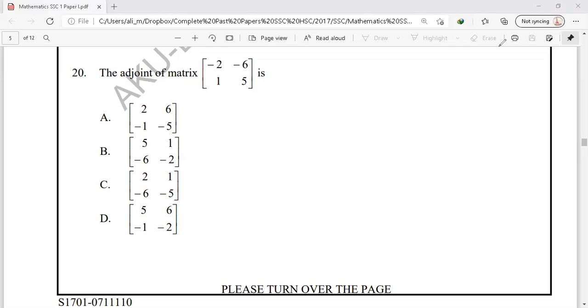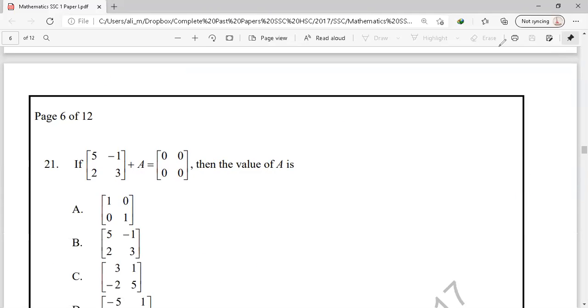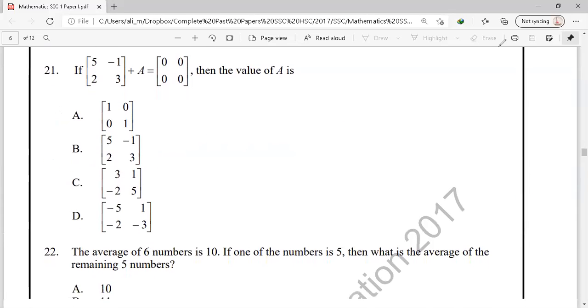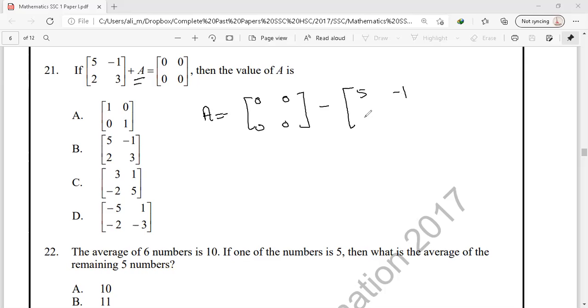So let's move to question number 21. In question number 21, we have a matrix equation. And in this matrix equation, we have to find the value of A. So the value of A will be equal to the null matrix, and this matrix will be moved to the right side of the equation, and the sign of this matrix would be changed. So 5, minus 1, 2, and 3.